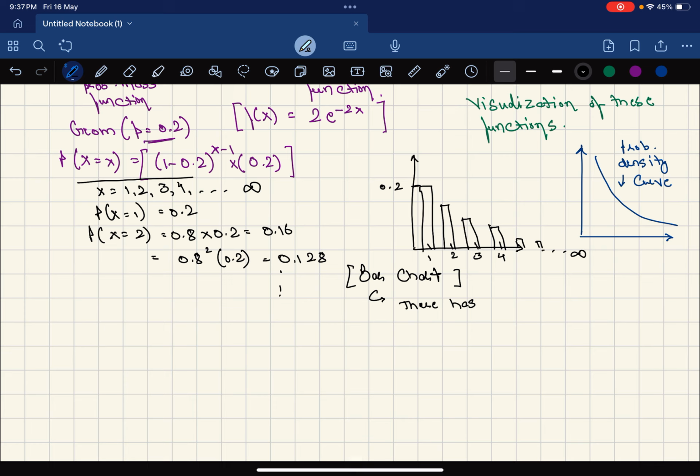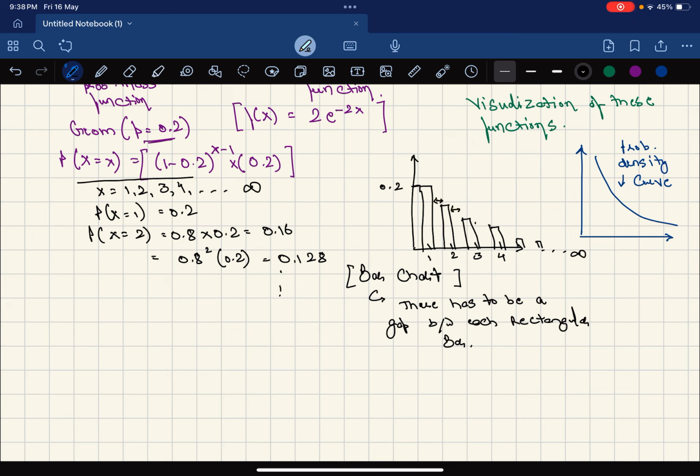Now the thing to note here is that for a bar chart, there has to be a gap between each rectangular bar. So the main property of a bar chart is that there should be a gap between these rectangles.